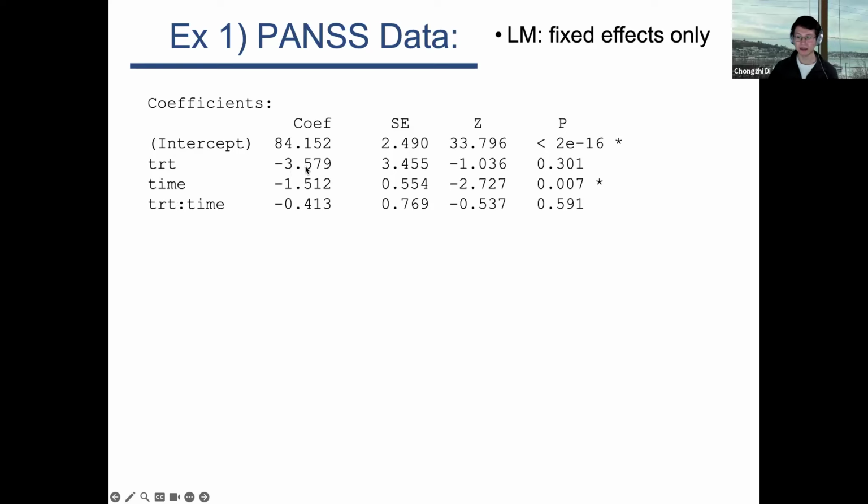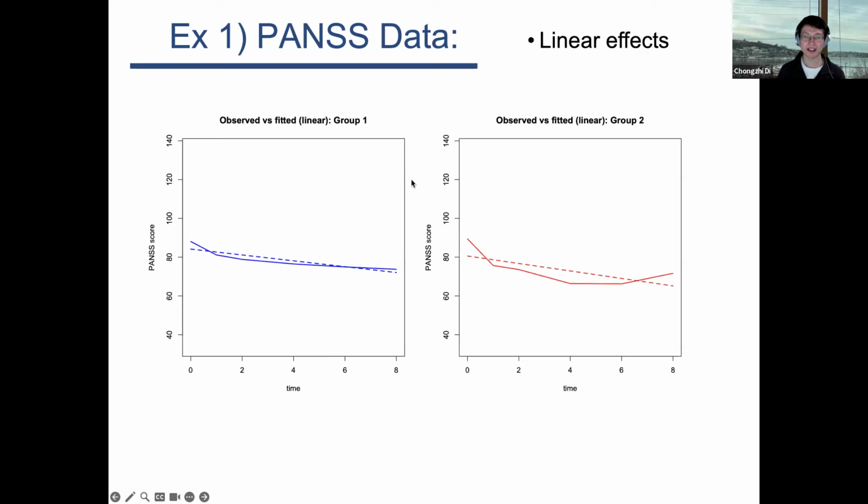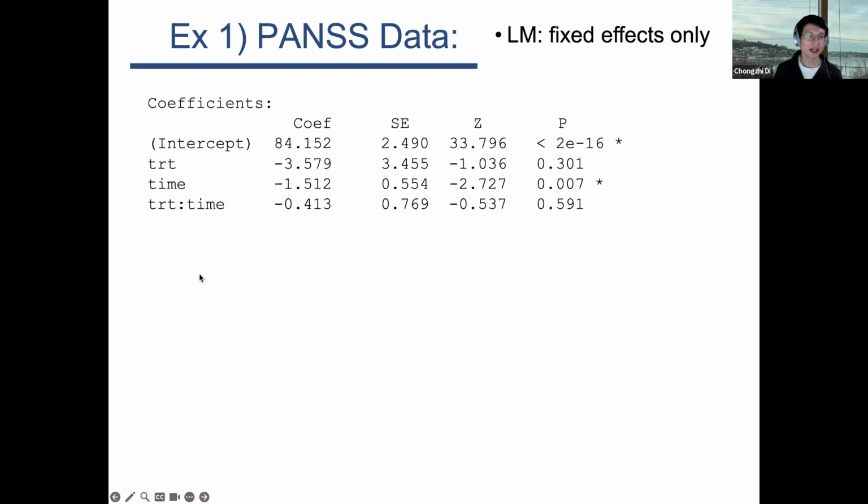If randomization is working well, it should be small. In this case, it's not small, but it's not significant. And the time really tells you the rate of decline among the reference group, which is treatment A. So you see a statistically significant decline of 1.5 units per week.